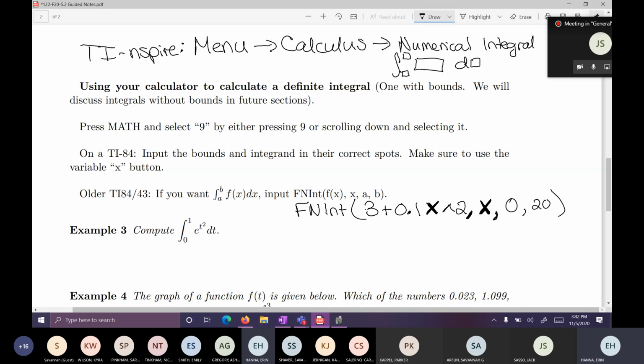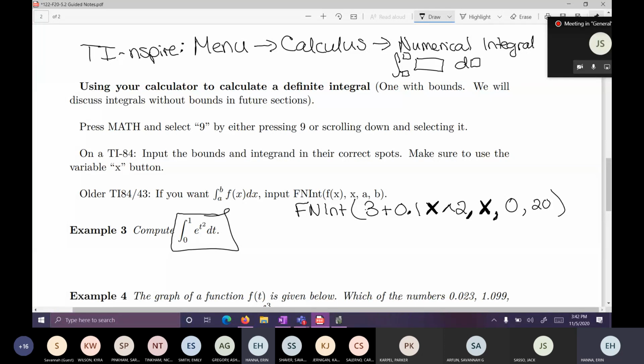So that's that. If you don't have a calculator that has this capacity, it's not the end of the world. You'll just have to do a little bit more by hand in the future. If you have a calculator that can do that, try this and see if you can get it. If you don't, just chill out a second, because again, it's not the end of the world if you don't have one that can do it.